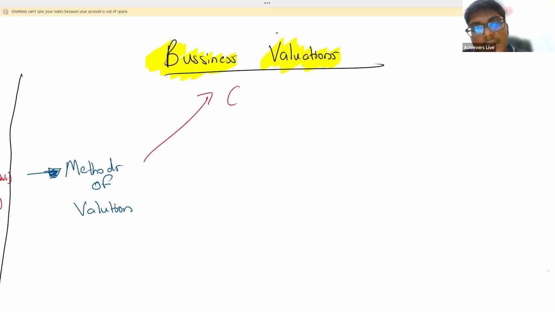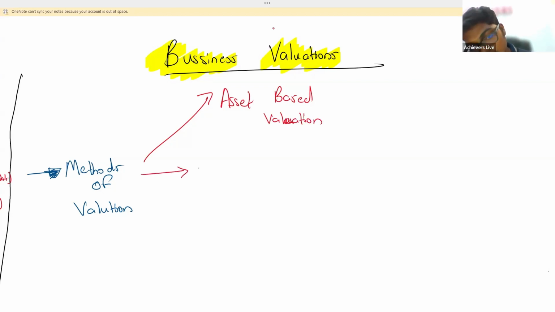First method is asset based valuation. Next, you have income based valuation.